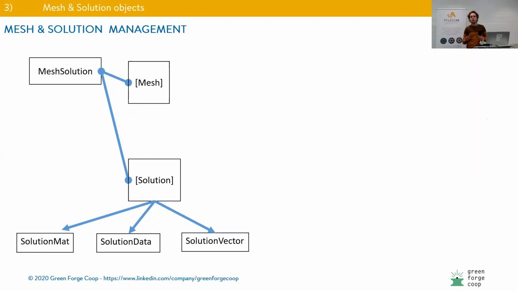So I'm not going into more detail about this, but I will show you some examples later with a SolutionMat. The idea of SolutionMat is just to store the solution as a matrix, that's what the name, mat, means, and to reuse it later. It's mainly dedicated to matrix applications, like dot products using NumPy. That's very handy.